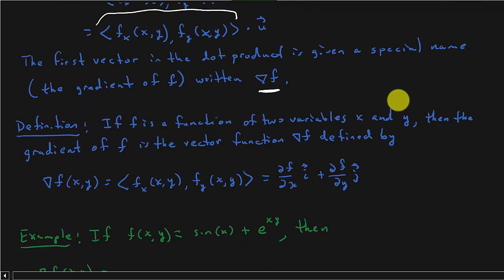If f is a function of two variables, x and y, then the gradient of f is the vector function defined by the gradient of f equals the partial of f with respect to x, partial of f with respect to y, or we could write it in the ij form: partial of f with respect to x times vector i plus partial of f with respect to y times vector j.